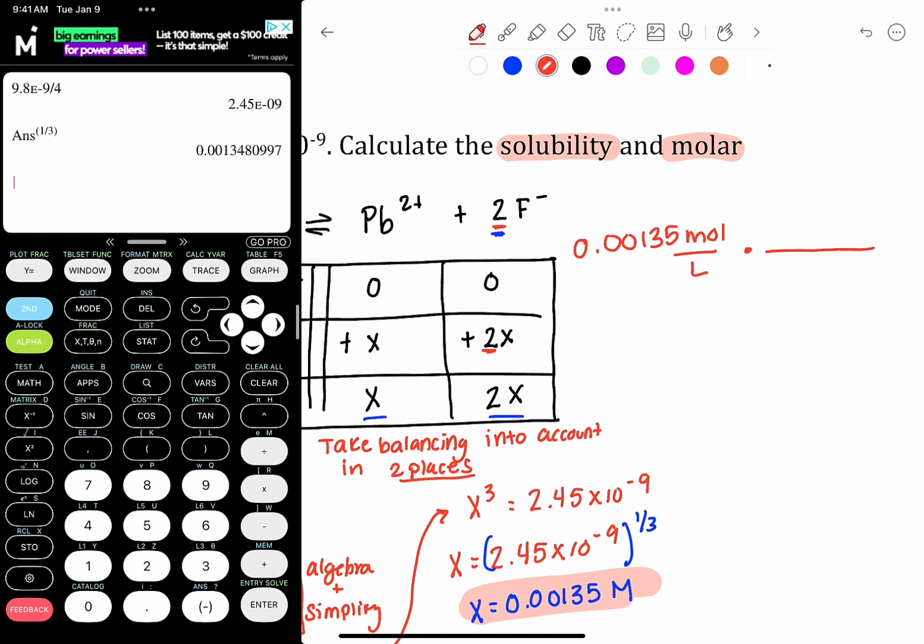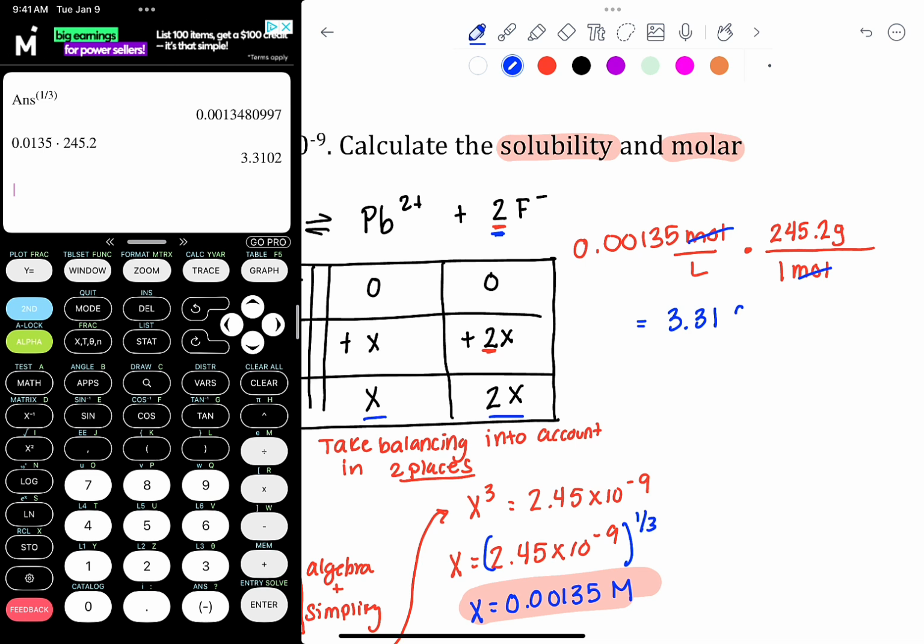So we need to look up the molar mass of lead fluoride, which is 245.2 grams per 1 mole. So that's going to cancel our moles on top and bottom, and we're going to take that 0.00135 and multiply it by 245.2.